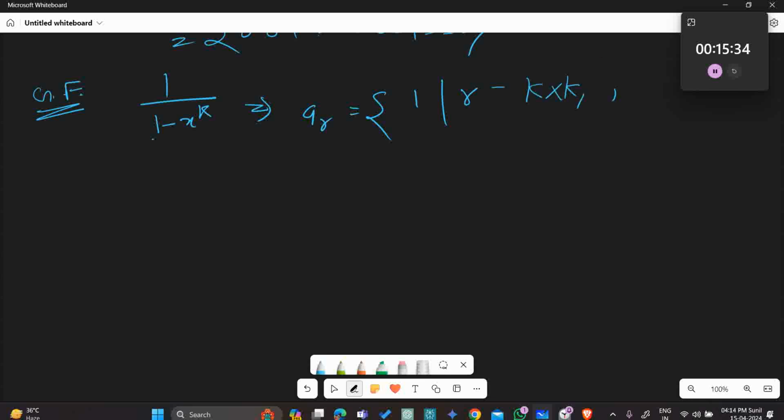So the generating function will be 1 upon 1 minus x to the power k, where A of r is equal to 1 if r is equal to k into k1, k1 greater than or equal to 0, and 0 if r is not equal to k into k1.